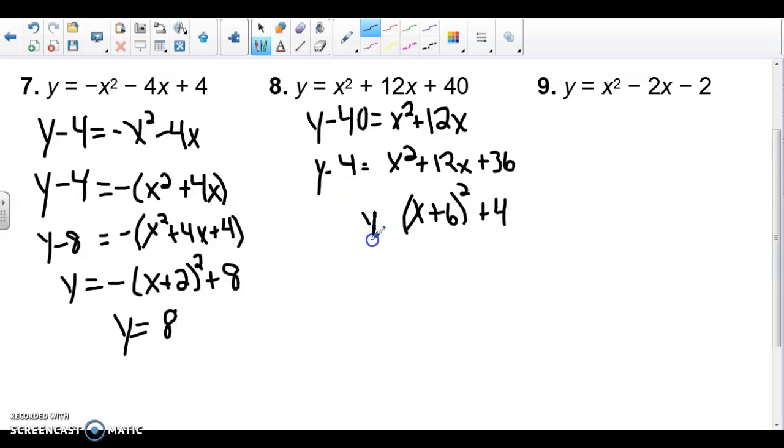We'll have a nice y equals over there. And so we will have a minimum value, and that minimum value will be y equals 4. Show you minimum here for anybody that's fast forwarding it. Maximum over here.